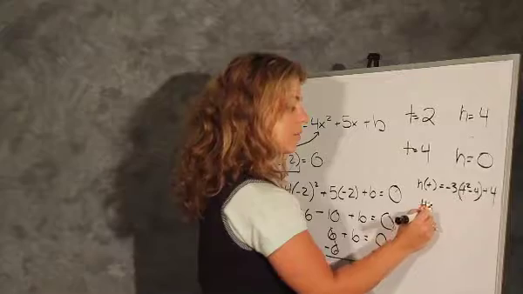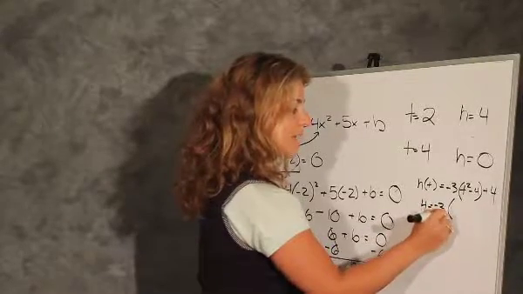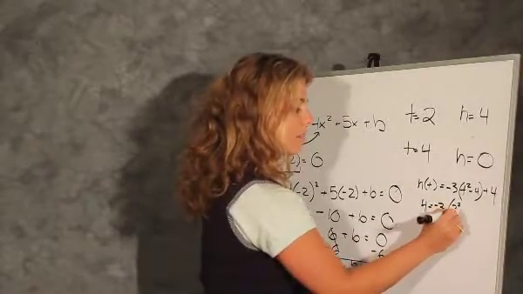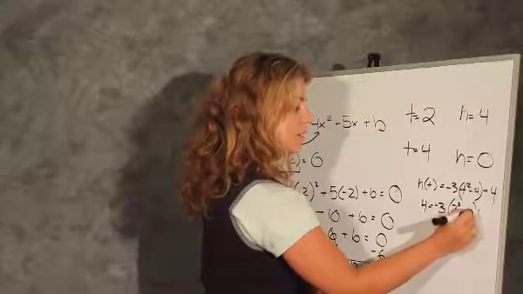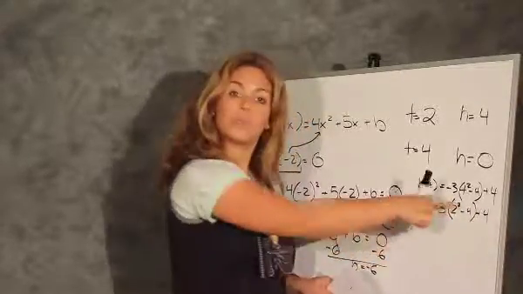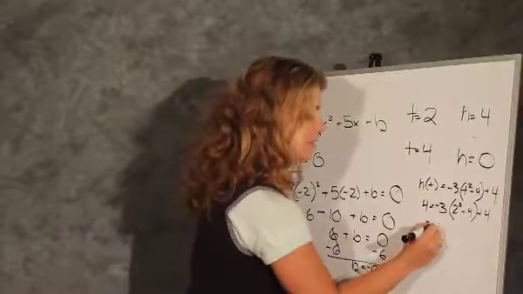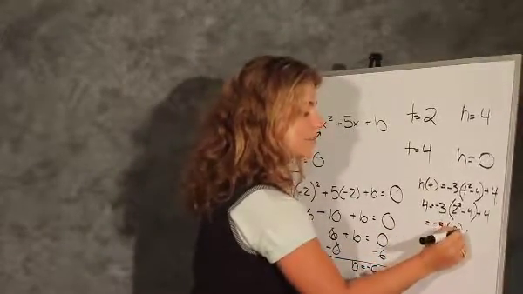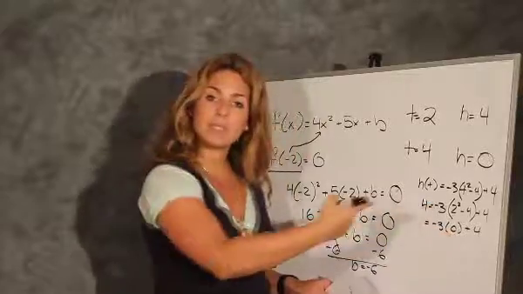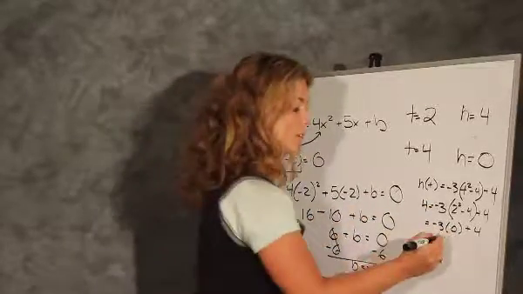So 4 equals -3 times 2 squared minus 4 plus 4. 2 squared is 4. 4 minus 4 is 0. So that helps us out a lot because -3 times 0 is 0. Plus 4 is 4.